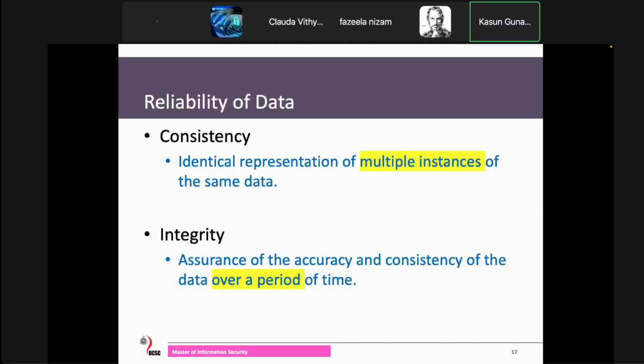These multiple instances do not necessarily mean multiple copies. It can be over a period of time as well, so from one state to another. There should be an identical representation of multiple instances of the same data. Integrity assures the accuracy and consistency of the data over a period of time. So that is what mainly defines these terms.